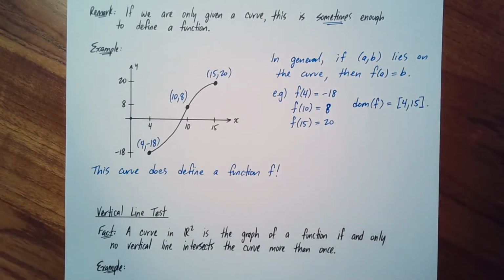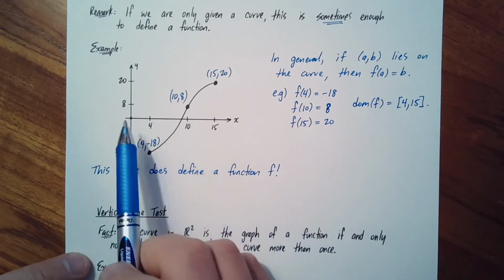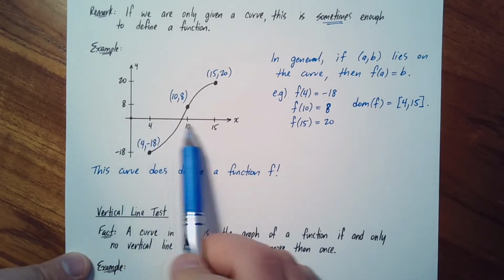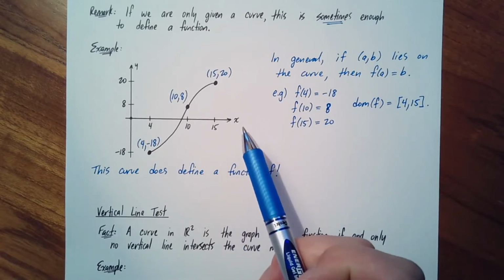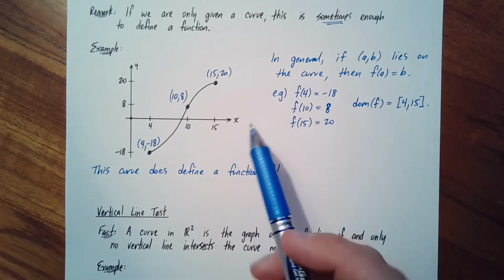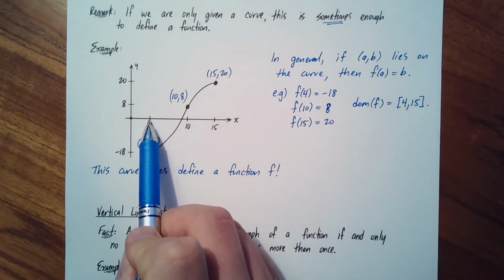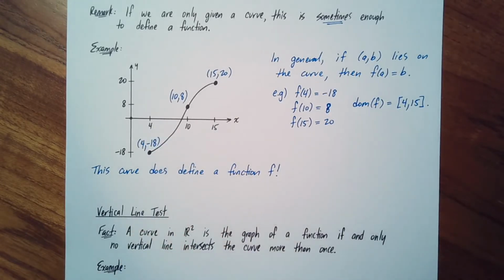The question is this: which points along the x-axis have the property that there is a corresponding point on the curve, either above or below the x-axis? And the answer to that is the points that lie between 4 and 15 inclusively. So that's why we can say that our domain is this closed interval.